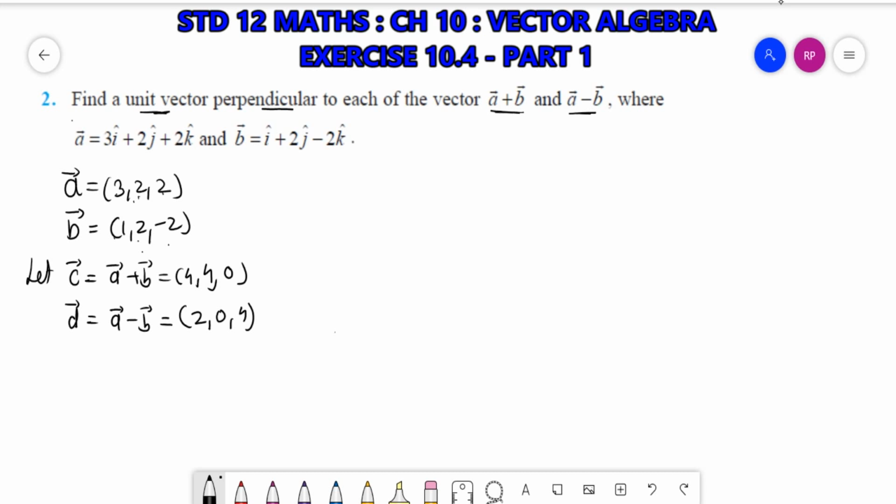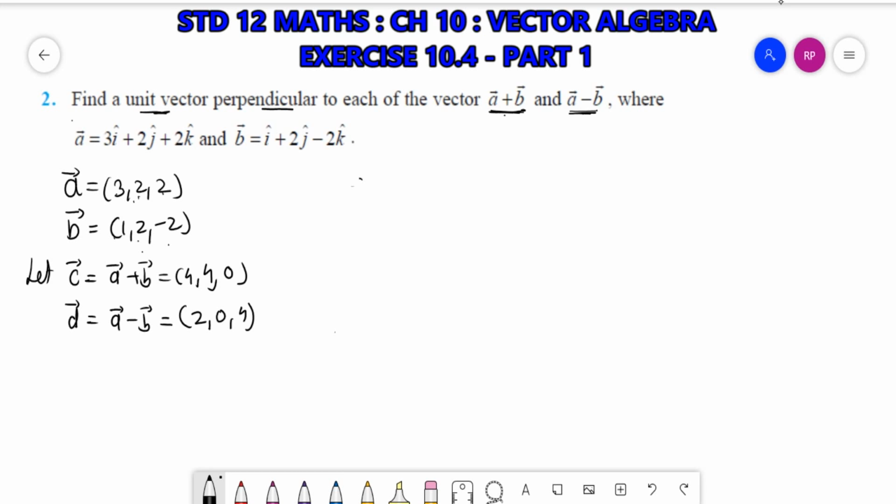Now we know that the cross product of any two vectors will be perpendicular to both the vectors. Means if I find a plus b cross a minus b, then the resultant vector will be perpendicular to a plus b and a minus b. So what is our aim?